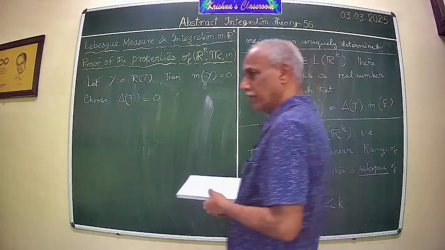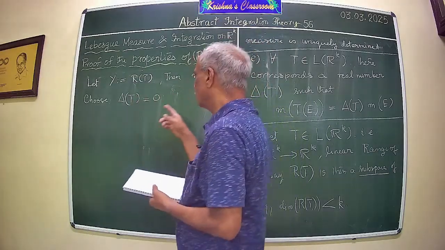For any subset the image is a set of measure 0.